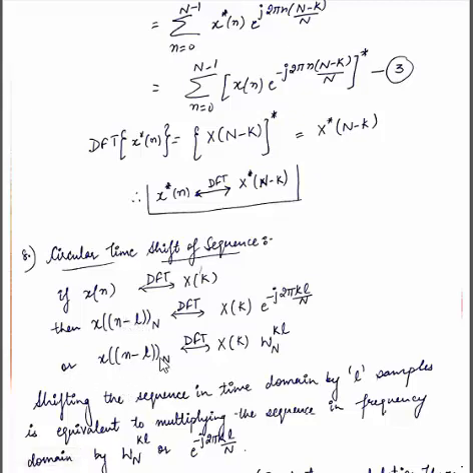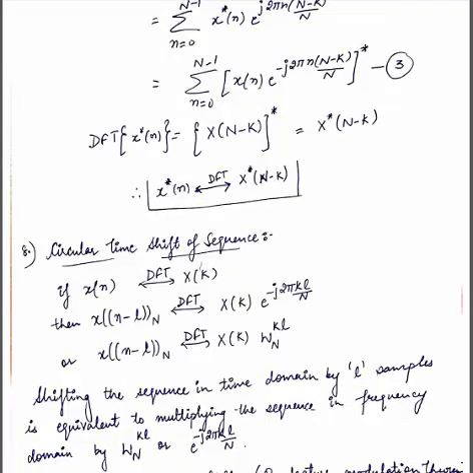Or DFT of x of n minus L is X of k twiddle factor raised to power k L. It means that shifting the sequence in time domain by L samples is equivalent to multiplying the sequence in frequency domain by twiddle factor raised to power k into L, or we can say multiplying X of k by e raised to power minus j 2 pi k L over N. That is the circular time shift property of DFT.